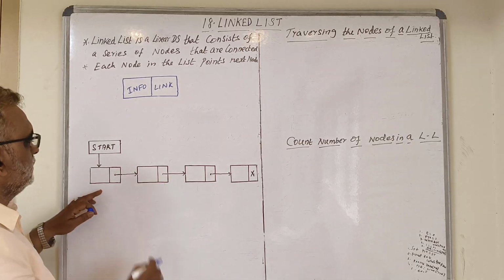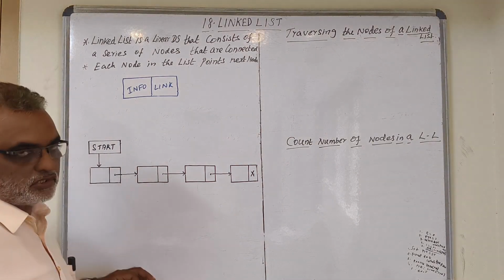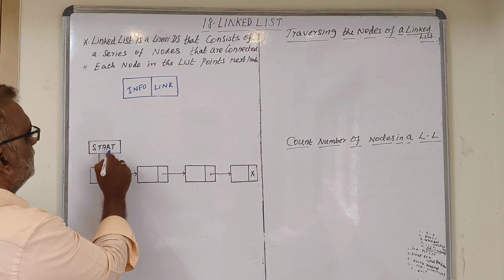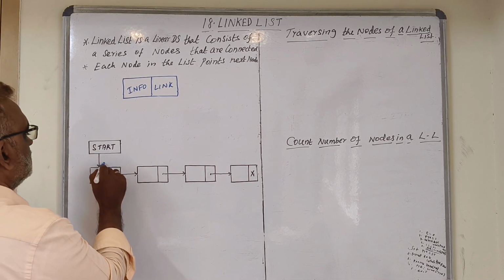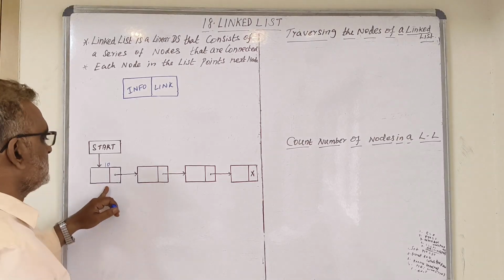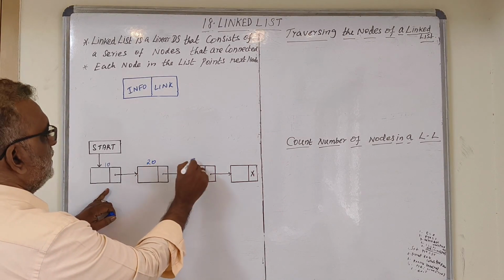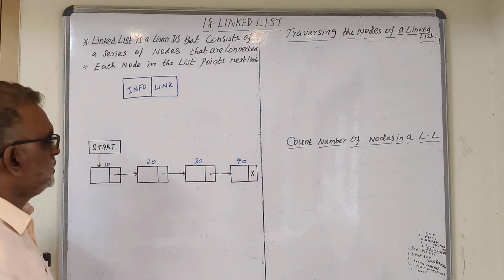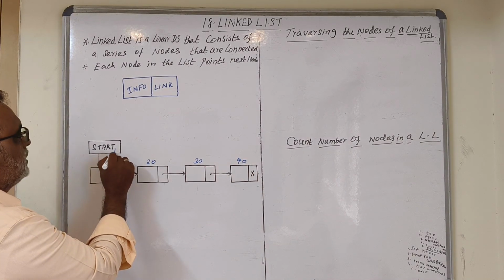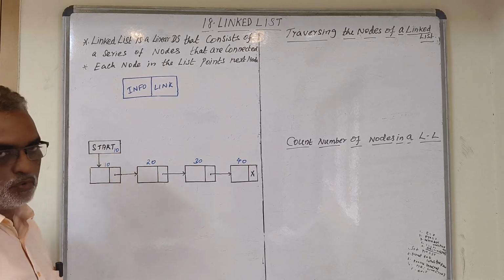For example, consider this is the start pointer, which points to the first node. Let us consider the starting address of the first node is 10, and this is 20, and this is 30, and this is 40. So the start pointer contains the value 10, which points to the first node.